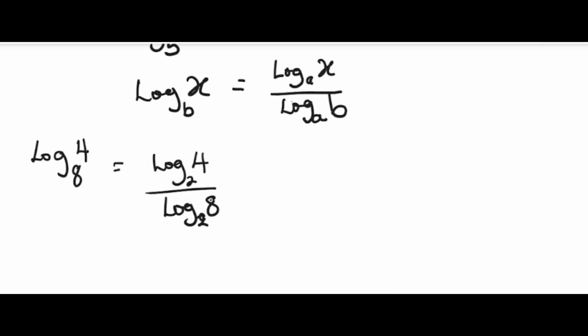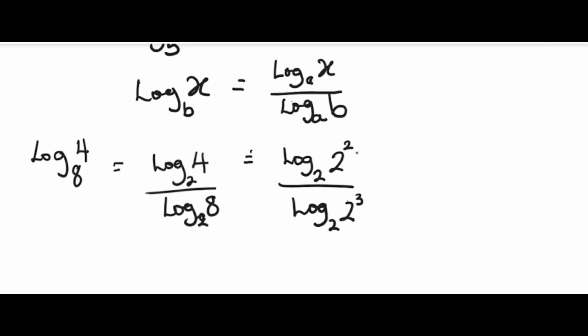All right, good. So now in this case, comparing this with this, my a, which is the common base, is 2. All right, so solving this, since 4 is a multiple of 2, for the numerator, I will have log in base 2 of 2 squared over log in base 2 of 2 raised to the power of 3.